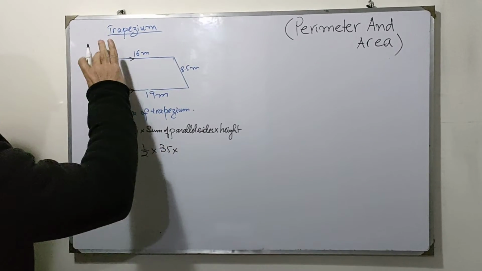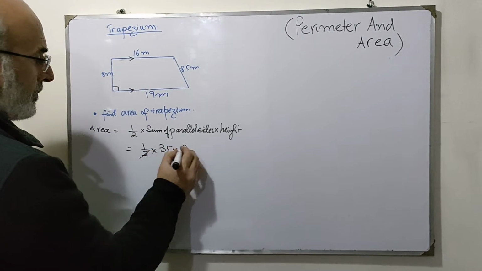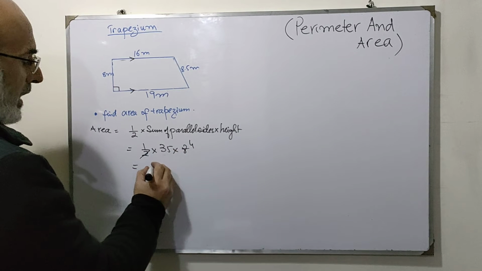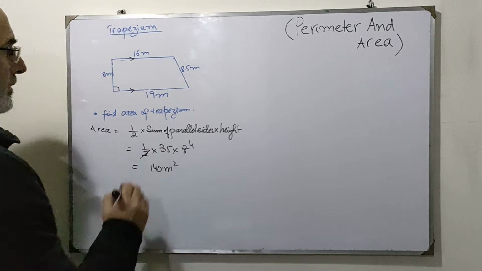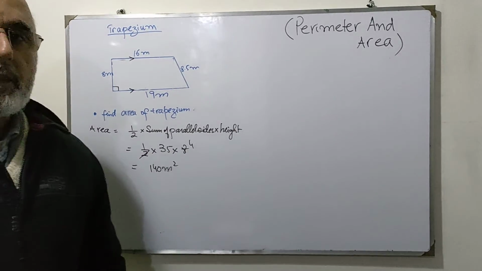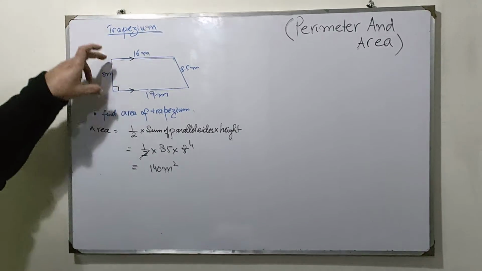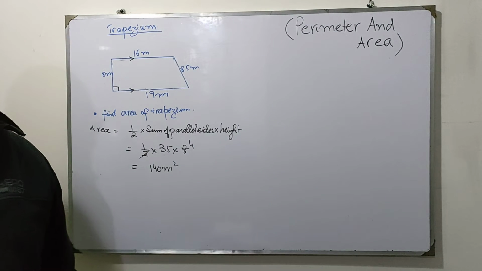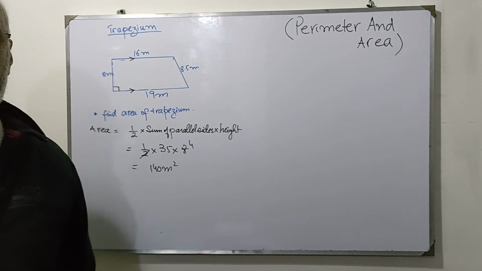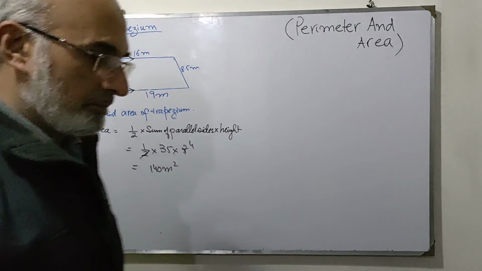Into height, which is 8. So what do we have here? 140 meter square. Pretty simple, right? Now I'm going to add a semicircle within this trapezium, and then we'll see what we have to do with that.